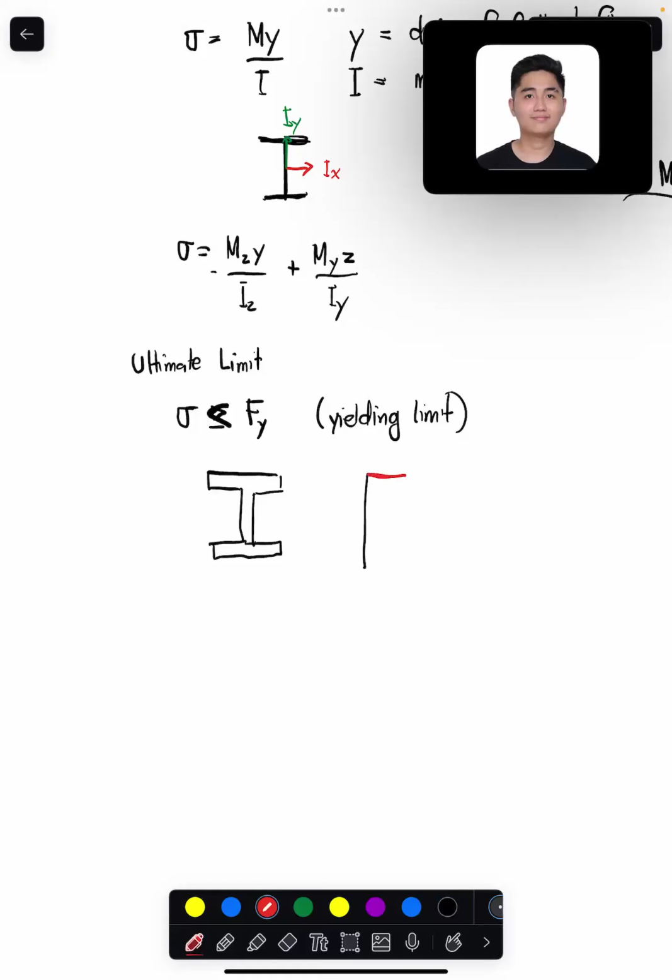So yung yielding limit states that if itong cross-section na to is subjected to what's called the yielding moment, yung magiging maximum na bending stress is supposedly yung yielding stress. So sigma y or syempre, since nasa CE151 tayo, medyo ibahin lang natin siya ng konti because ang terminologies natin for CE151 is yung capital letter F as your stress right here.